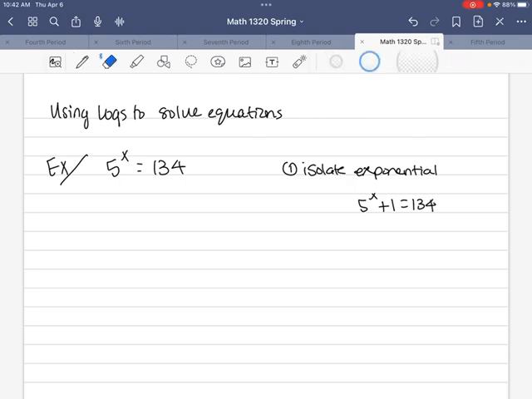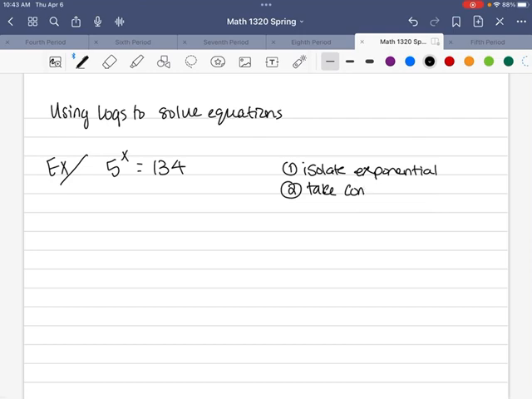So that's the first step, isolate the exponential. Second, we're going to take the common log or the natural log of both sides. Either one. We want to take the common log of both sides if we have a base 10.